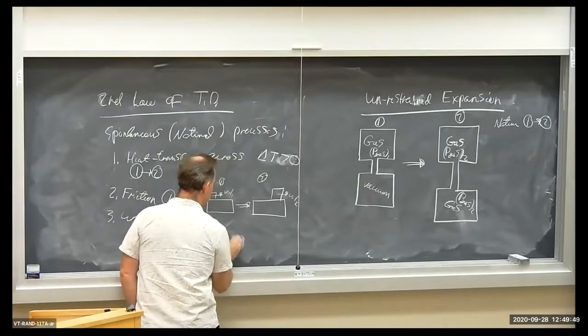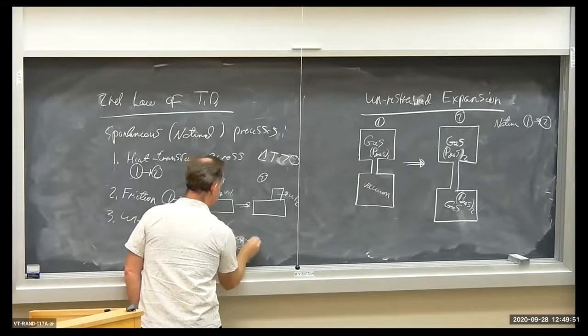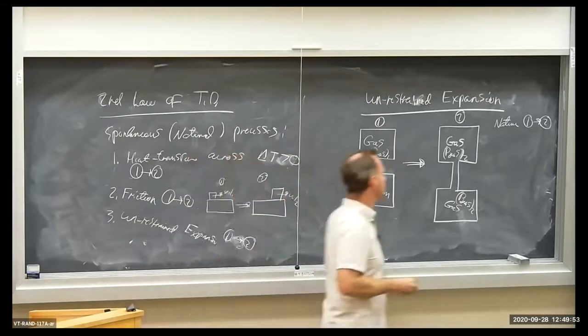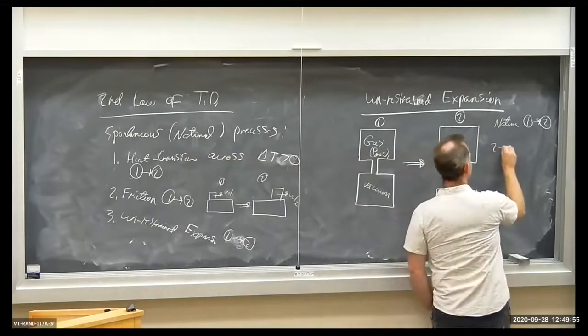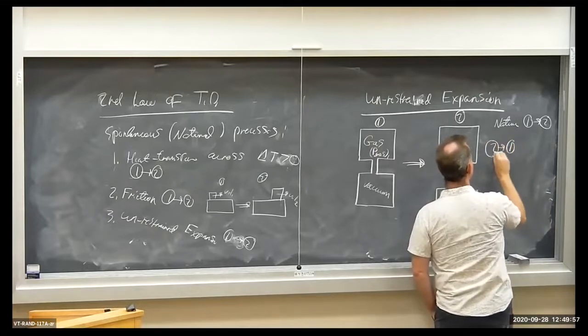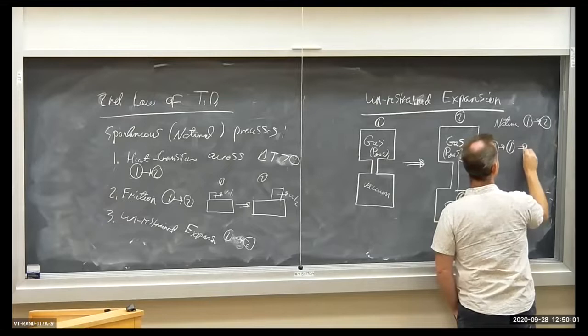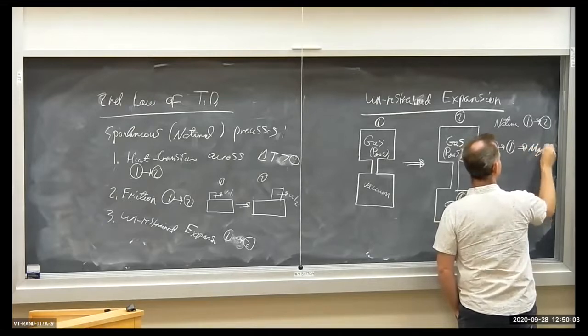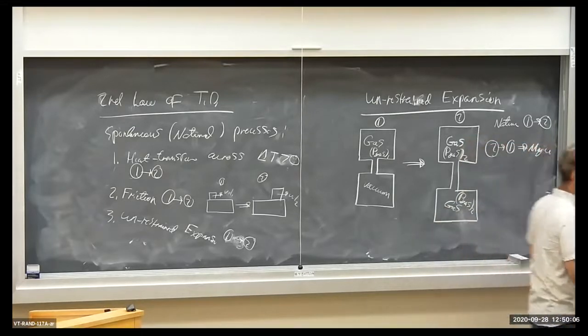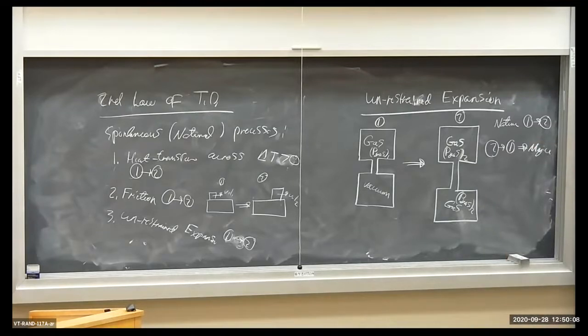Always occurs from state 1 to state 2, never the opposite. If we went from 2 to 1 without doing any work or anything, that would be magic. That'd be magic again, okay? We're not dealing with magic, we're dealing with the real world.